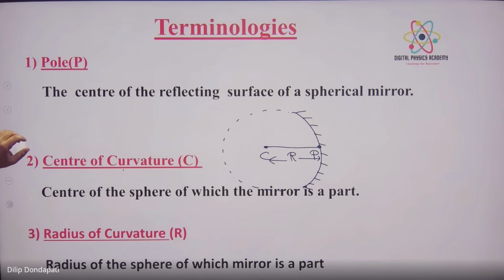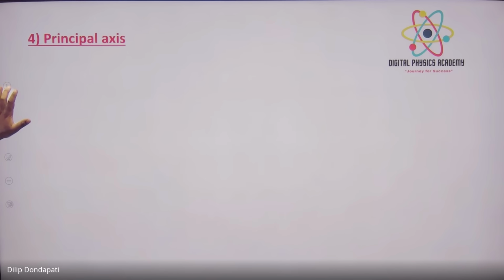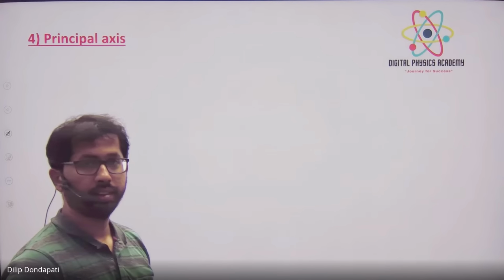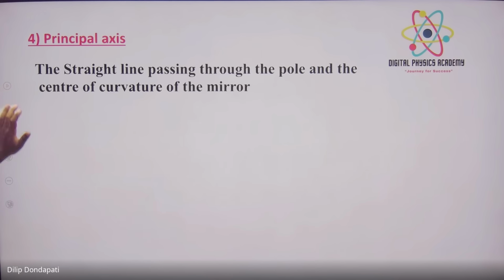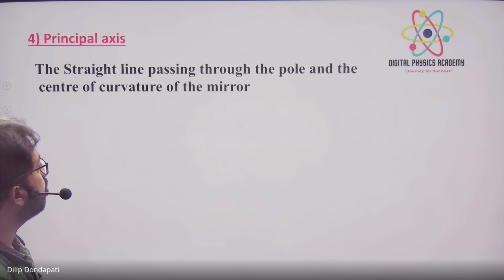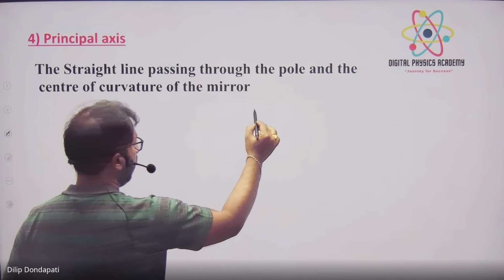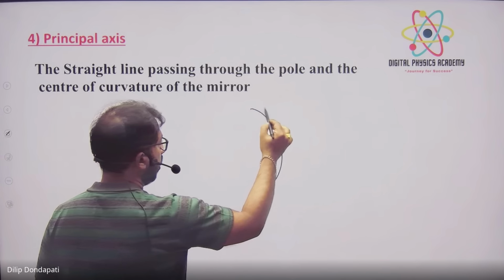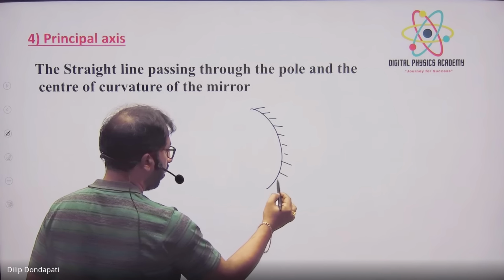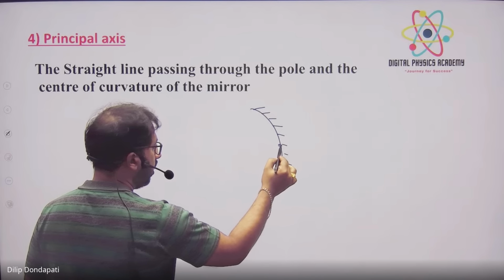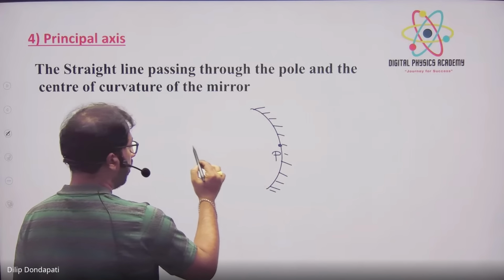Okay. Next terminology is principal axis. What is principal axis? A straight line passing through the pole and the center of curvature of the mirror. Again I'm drawing. This is a concave mirror, and this point is called pole.